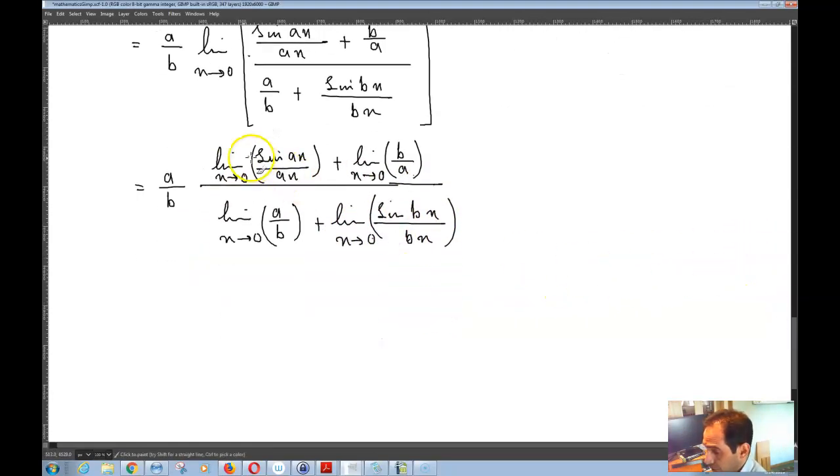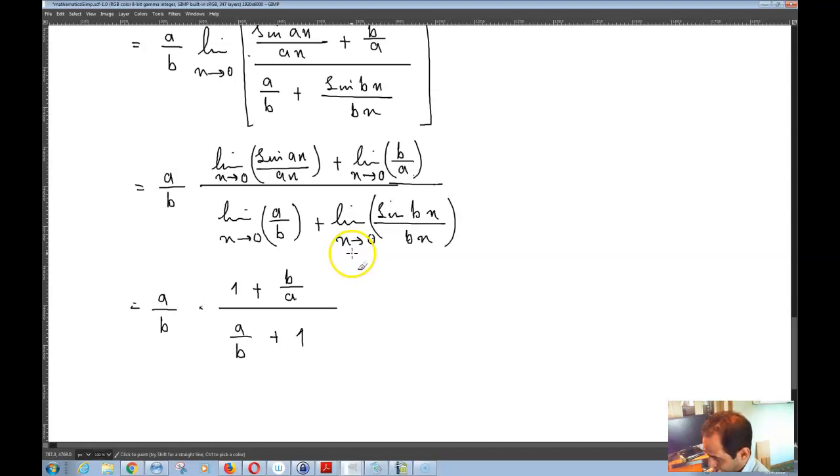Now this is equal to 1 plus the limit of b divided by a, which is b divided by a, over a divided by b plus 1.